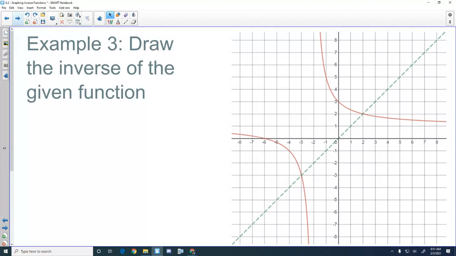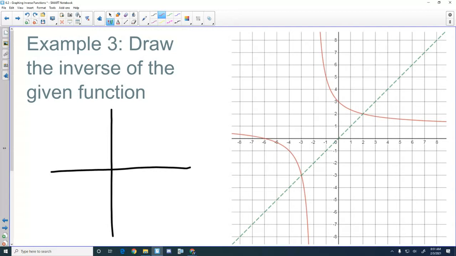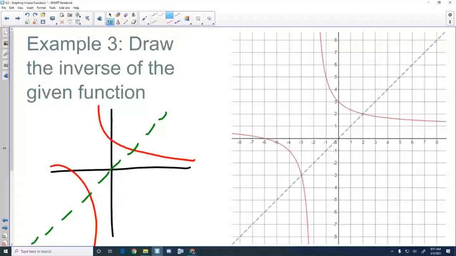I'm just trying to show you that no matter how crazy your graph might look, so this has a curved piece like that, another one like that, it's just the same idea.